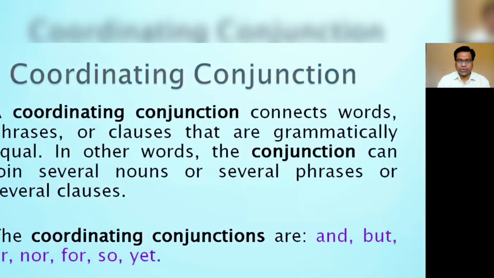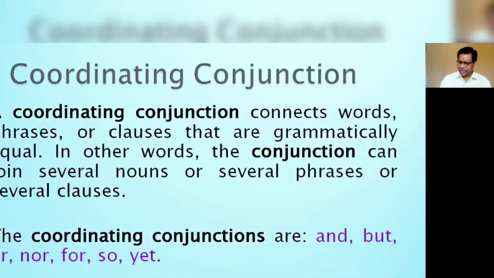So what are these coordinating conjunctions? Earlier also I talked about it. They are and, but, or, nor, for, yes or so, and yet.